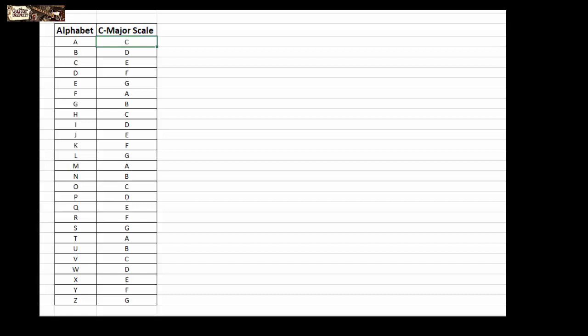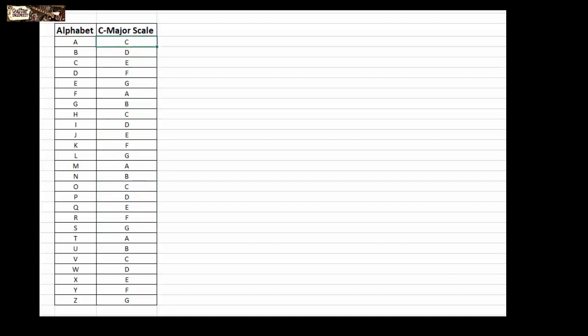You can use other scales too, that's not a problem, but the C major scale is probably the easiest scale to give an example in. So if I do the same with the C major scale, I get C, D, E, F, G, A, B, C, D, E, F, G, A, B, C, D, and so forth.